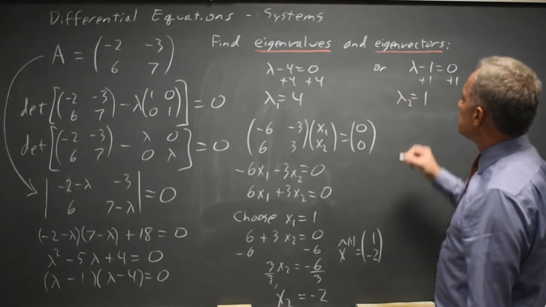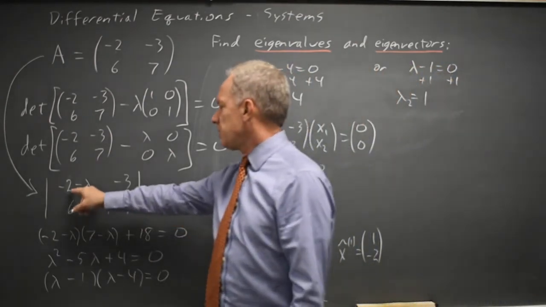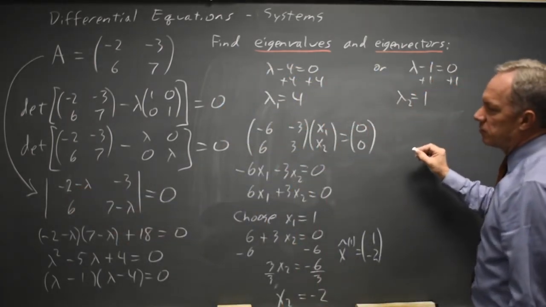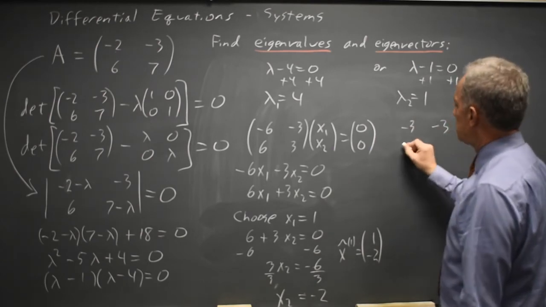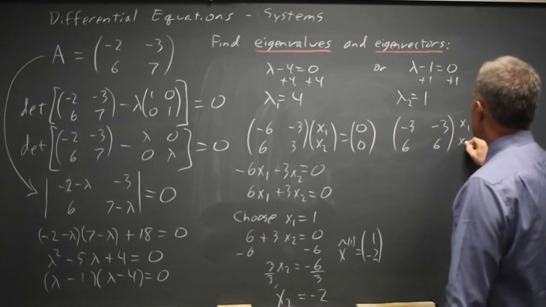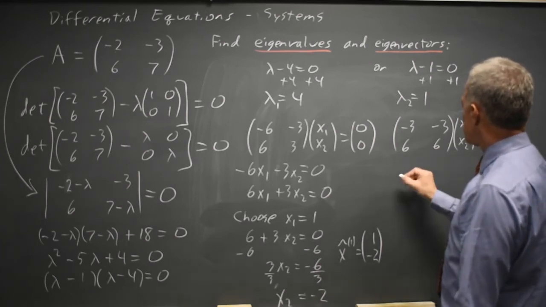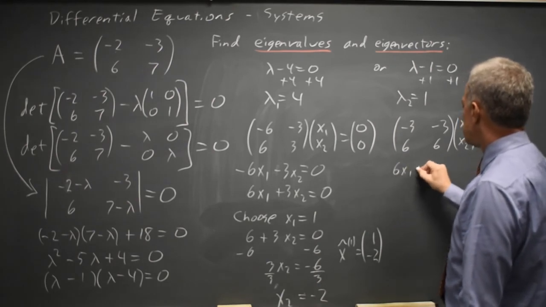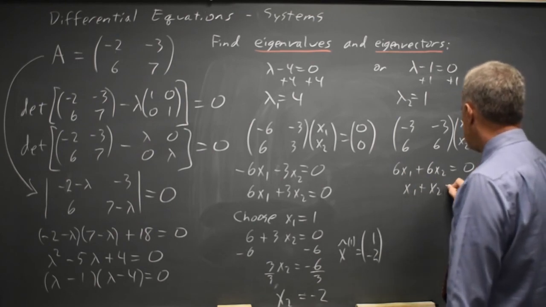For lambda 2, our second eigenvalue, again taking the matrix A minus lambda times the identity is -2 minus 1 is -3, -3, 6, 7 minus 1 is 6, times x1, x2 equals the 0 vector. And that gives us redundant equations. I'll just write the second one. 6x1 plus 6x2 equals 0, or x1 plus x2 equals 0.